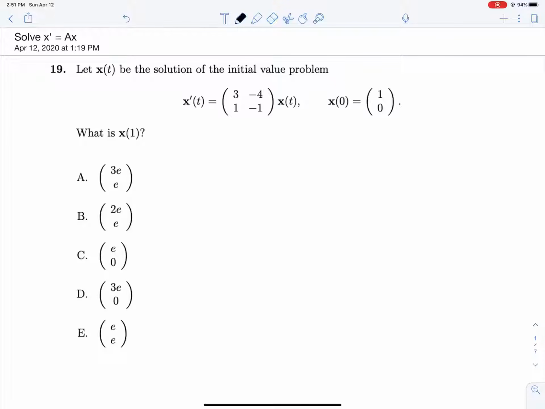And then, of course, we can find our c1 and c2 from the initial condition that's given. So let's find our eigenvalues.